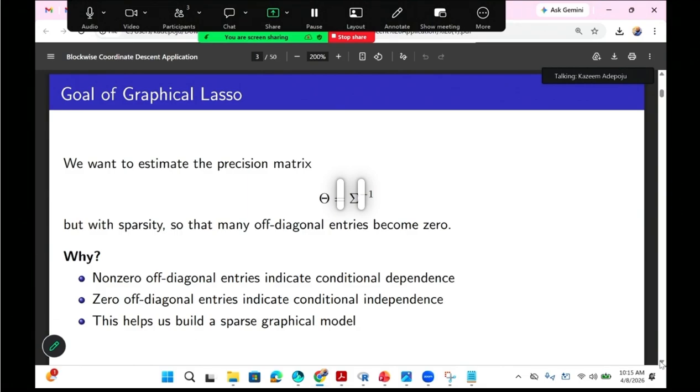But I'm going to walk us through what we can do in high-dimensional data where the covariance is expected to be unstable. What can we do? That's why we need the idea of a lasso coming in.